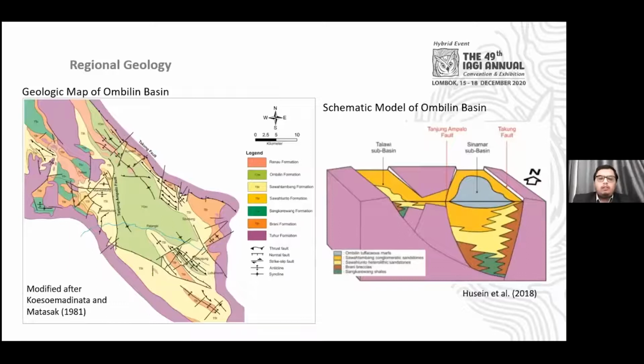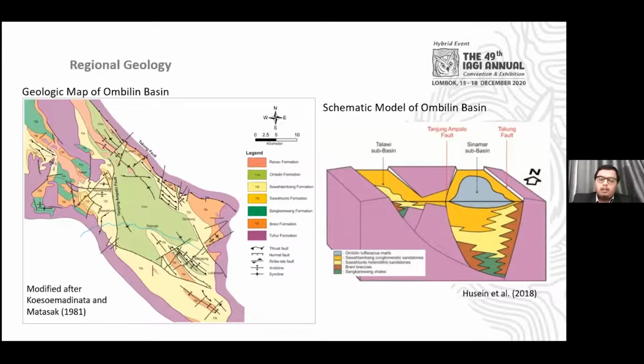This is the geologic map and also the schematic model of Ombilin Basin regarding its sedimentation. Ombilin Basin started in the middle Eocene. It was characterized by the lacustrine sedimentation of the Sangkarewang Formation, and also we have alluvial fan deposition of the Brani Formation.